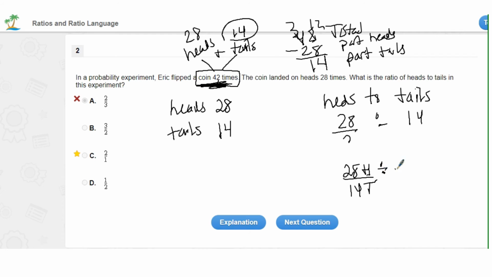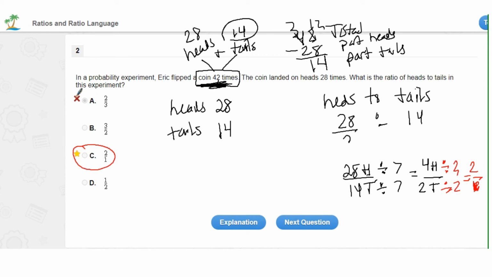If I divide my numerator and denominator by 14, I'll get 2 heads to 1 tail, which is going to be answer choice C.